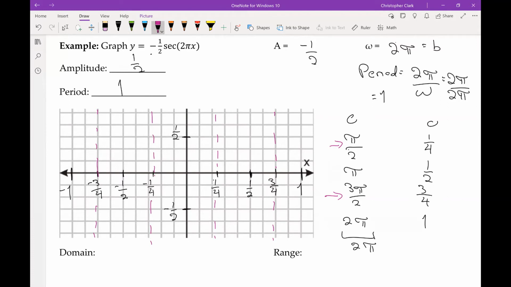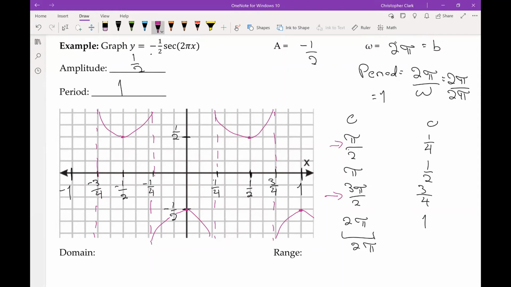So normally in, say, this area right here, it would be positive, or opening up positively, but now it's flipped. So it's actually going to be opening downward. And similarly here, it's going to be opening up positively. And if we were to do this right here, it would open downward. And here it will open upward.